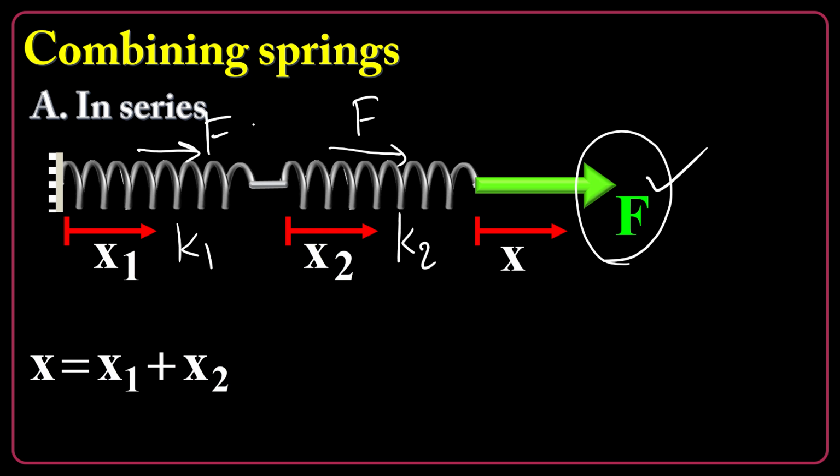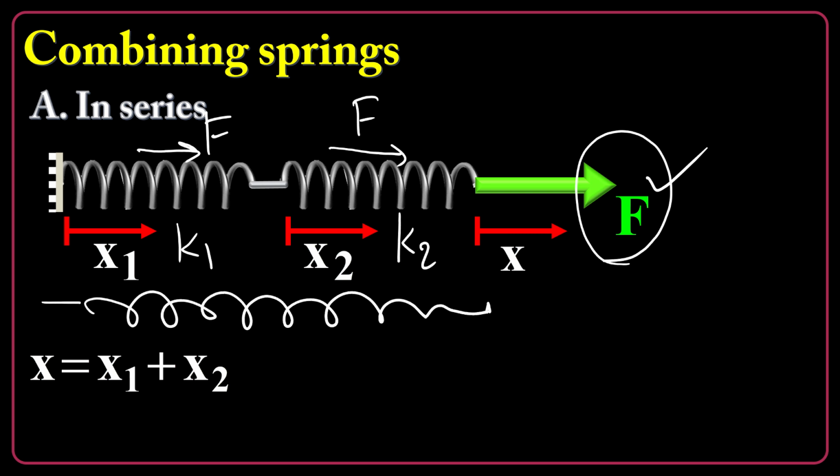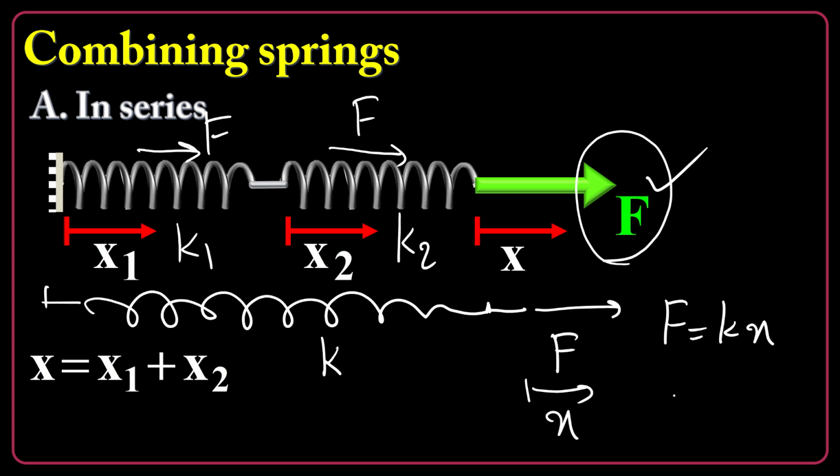On the other hand, if I have an equivalent spring here with this spring constant of K, and I apply a force of F here with the extension of X, F is equal to Kx. So K might be something like F divided by X, okay?